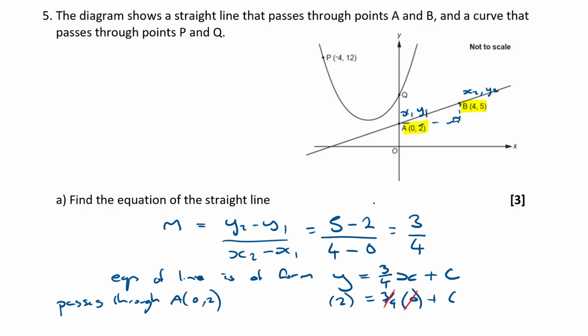Okay, so which implies that c is 2. Okay, and therefore the equation of the line then is going to be y is equal to 3/4 of x plus 2. Okay, so m is 3/4, c is 2, so the equation is y equals 3/4 x plus 2.